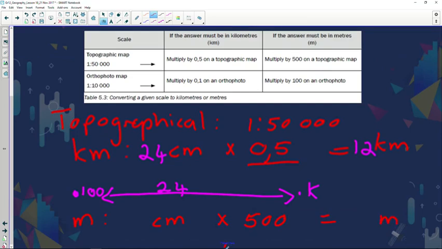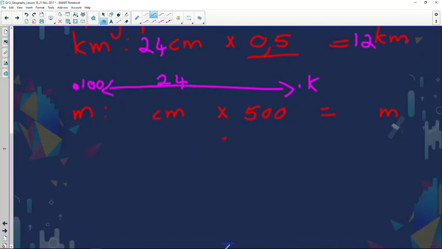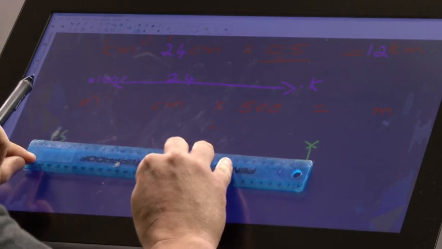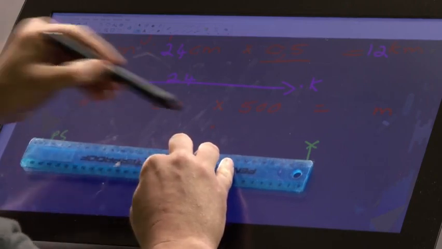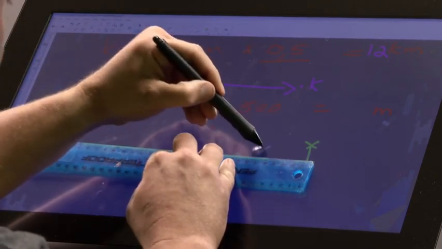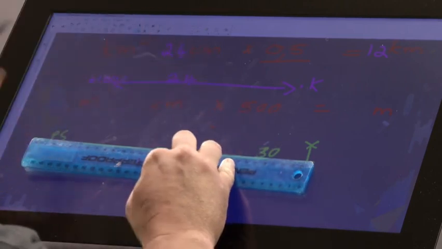Now let's quickly do another example. Let's say for instance I ask you to calculate the distance from the post office to the windmill. You measure the distance from the post office to the windmill, wind pump, and it is 30 centimeters.